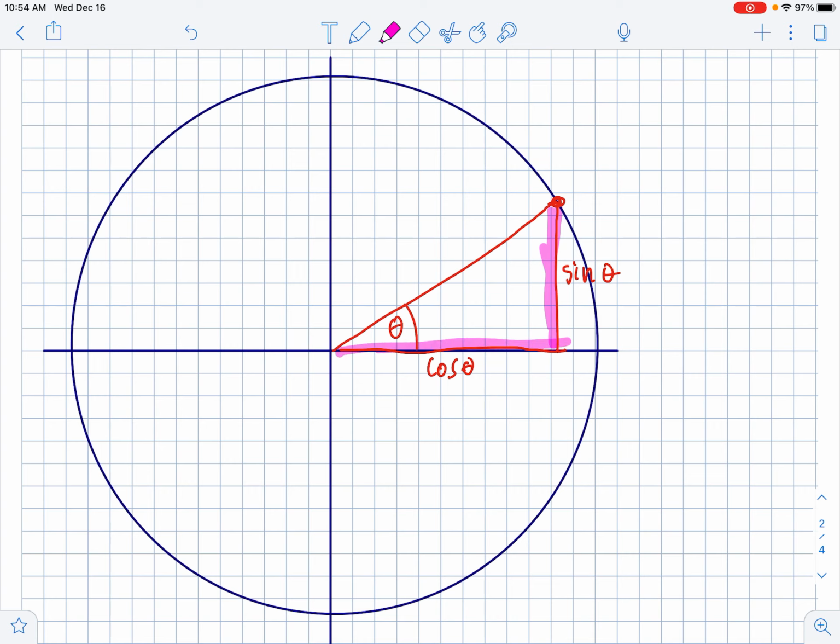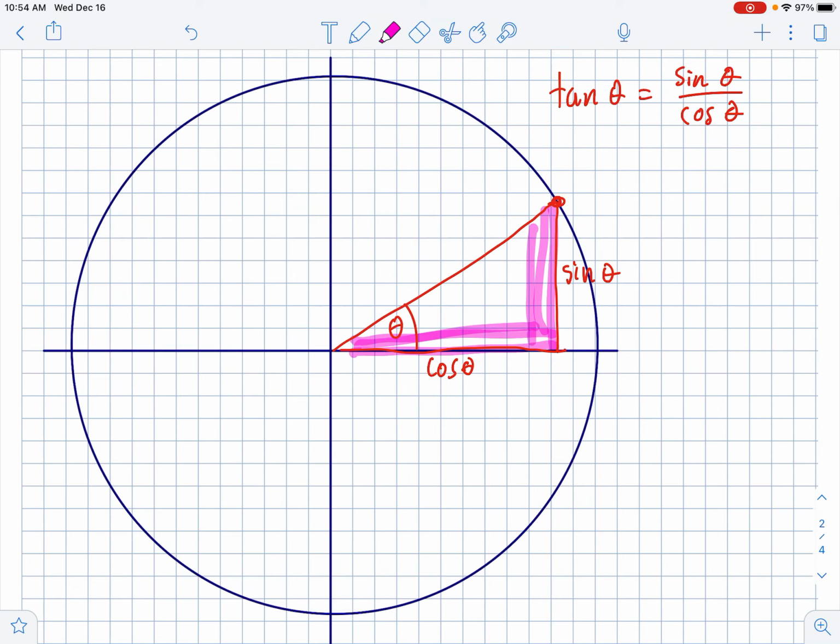But in the unit circle, your opposite and your adjacent are sine and cosine. So there's a definition of tangent that says tangent of theta is equal to sine of theta over cosine of theta. The way I like to think of tangent is that it's not only opposite over adjacent, not only sine over cosine, but it's also a rise over a run.